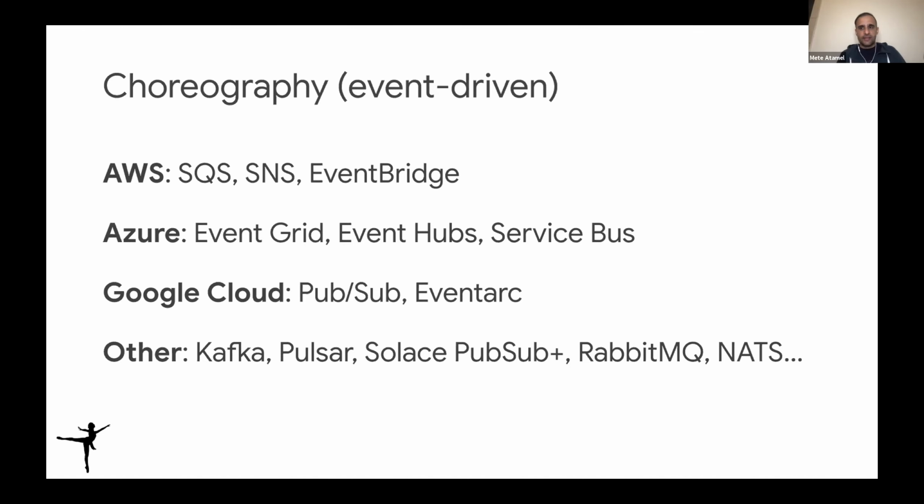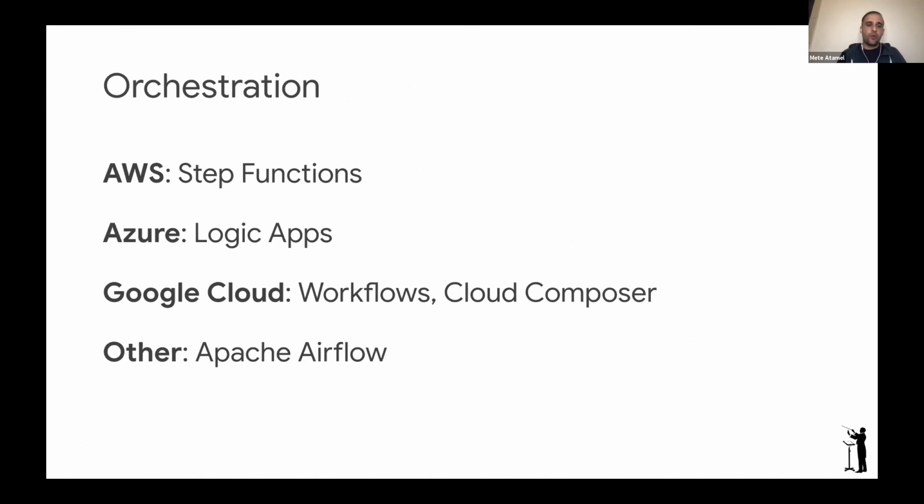Now, in terms of orchestration, on AWS there's Step Functions, and then on Azure there's Logic Apps, which is kind of like Step Functions, but it also has some logic on top of them. And then on Google Cloud, there's Workflows and Cloud Composer. Workflows is more about orchestrating services. So if you have services running on App Engine or Cloud Functions, Cloud Run, you can use Workflows to orchestrate them.